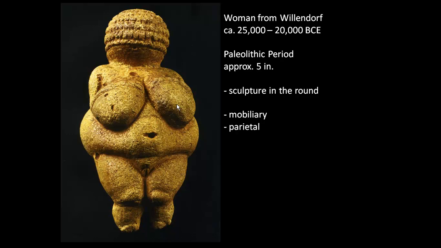Oftentimes the nudity is emphasized by the way that the sculpture or the figure is positioned, with arms at the breasts or alongside the hips or directly framing the pubic area. And these little things right here, these are the arms. So it does replicate this really common position that we see these erotic goddesses being depicted in. But again, this is something that's a little bit of a debate among art historians.